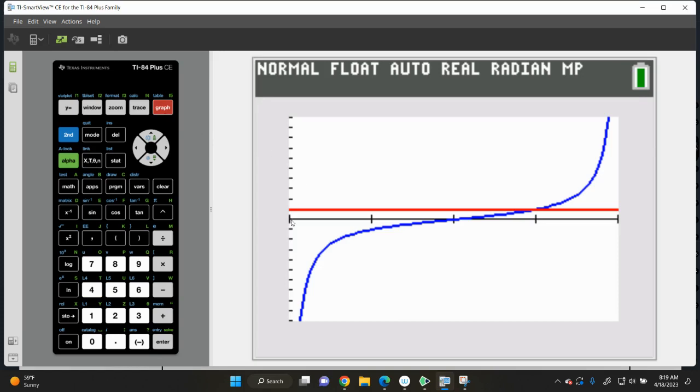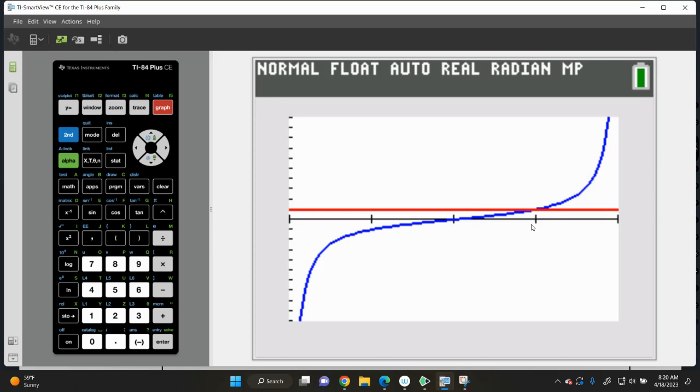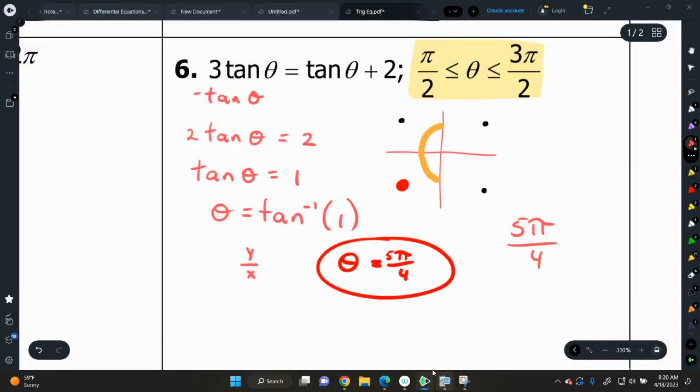Remember, we started at pi over 2. Pi over 2 is 2 pi over 4. And then we have 3 pi over 4, 4 pi over 4, 5 pi over 4. Okay? So make sure you understand what you're graphing. Okay, questions on that?